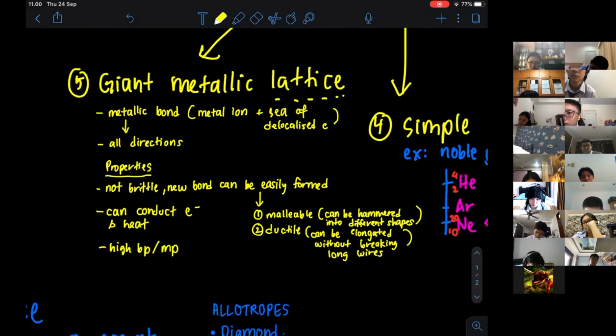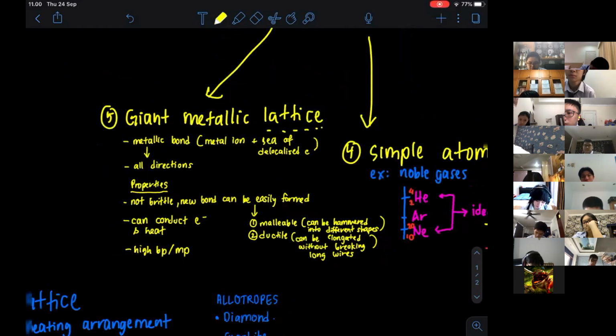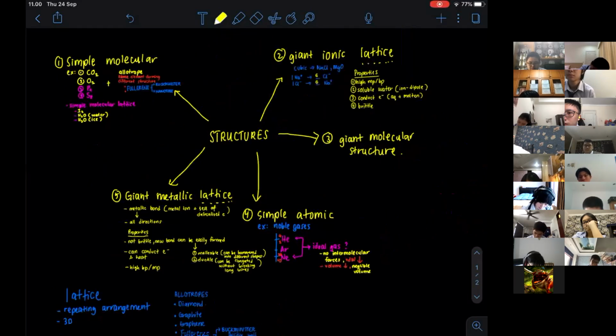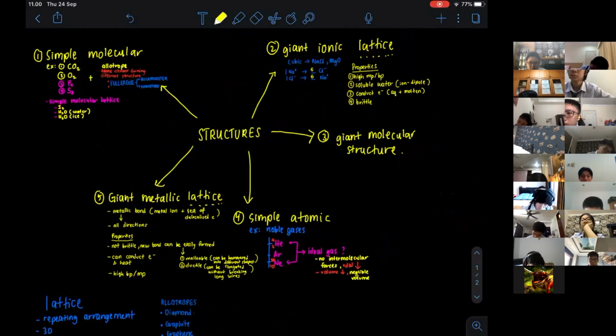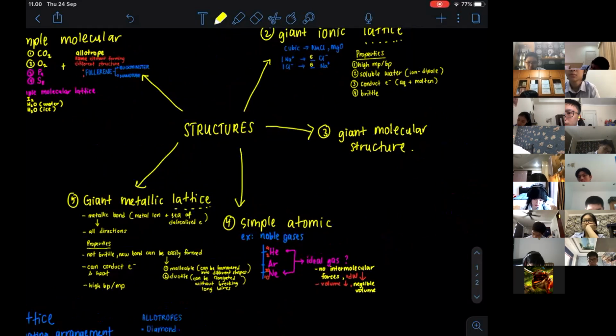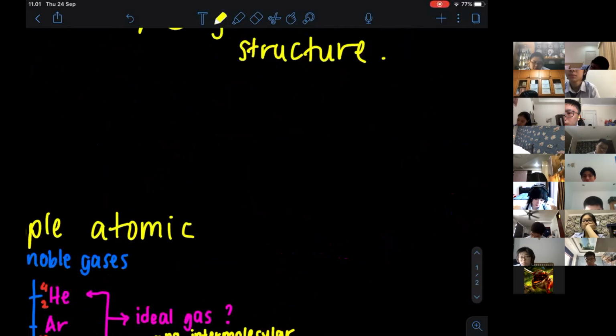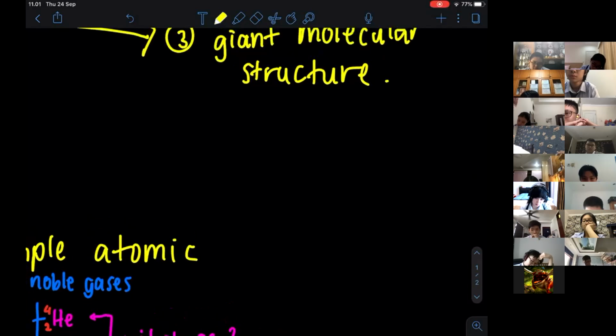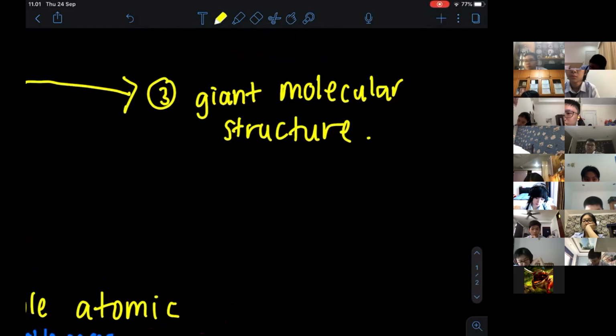So what we are going to do today is the giant molecular structure. Before we go into detail, I'll just give you an overview. The giant molecular structures that we are going to look at are more towards covalent structures, more towards the allotropes of carbon. Number 1 is diamond. Number 2, graphite.